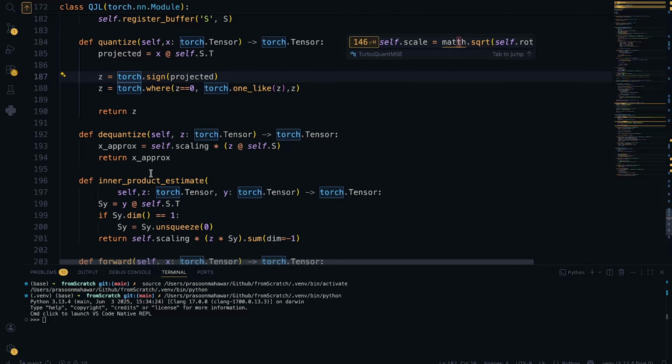Then x approx equals self.scaling times, the dequantization part. We multiply the signs back through s. Note s, not the transpose of s here.